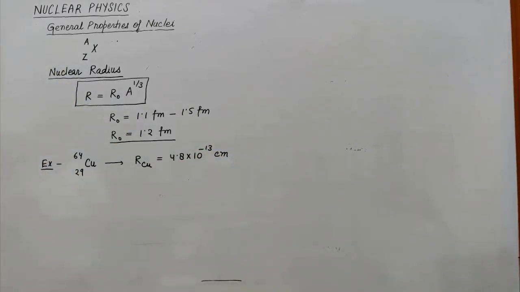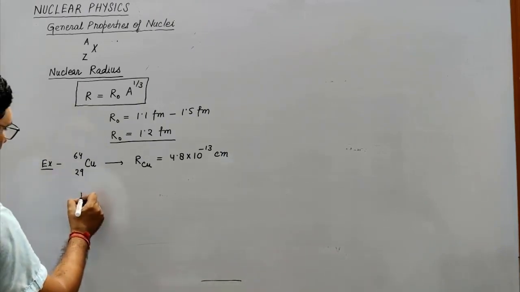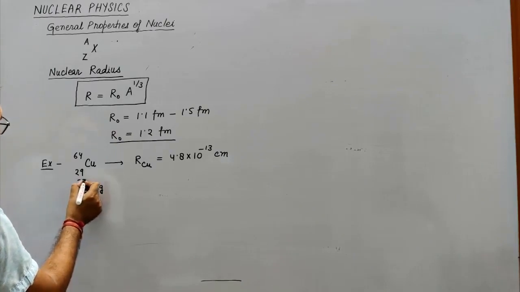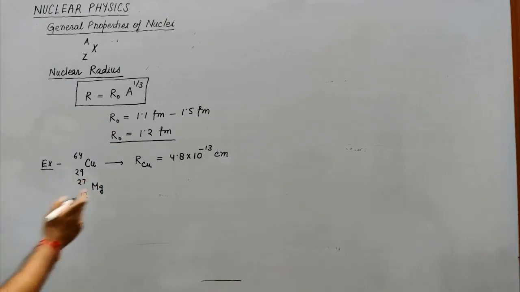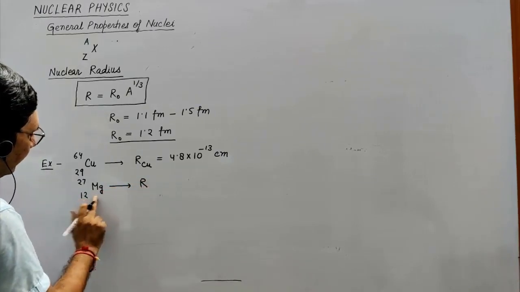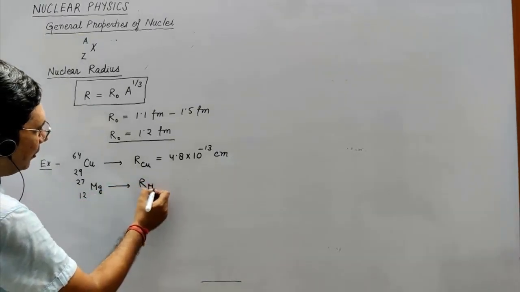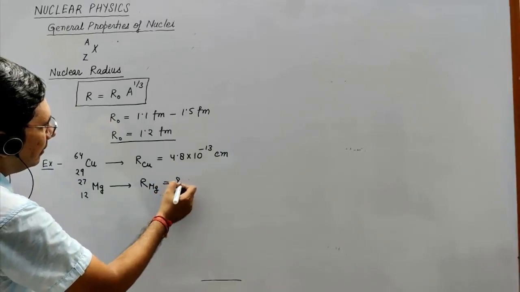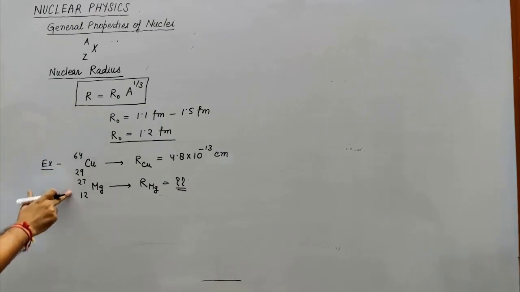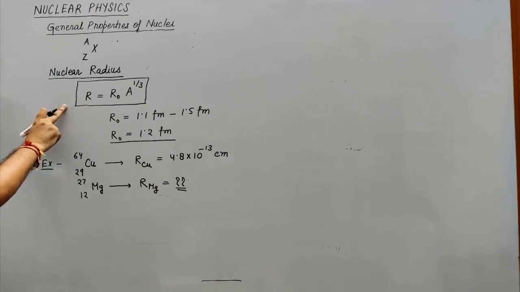Now there is another nucleus, 12Mg27. This is the second nucleus, and you have to calculate the radius of this nucleus, RMg. In this type of situation, you will use this formula to calculate the nuclear radii.